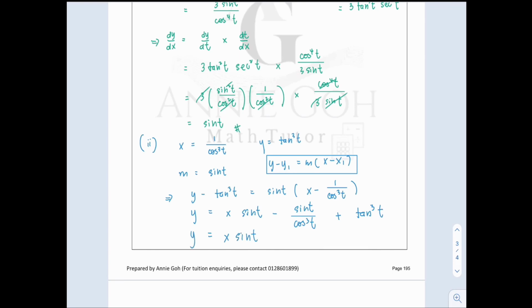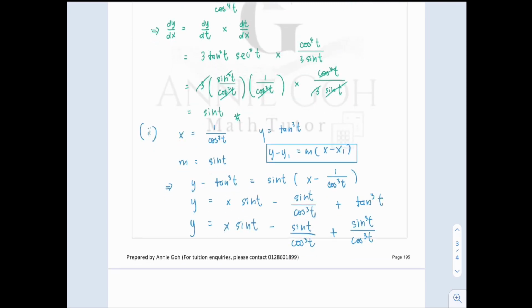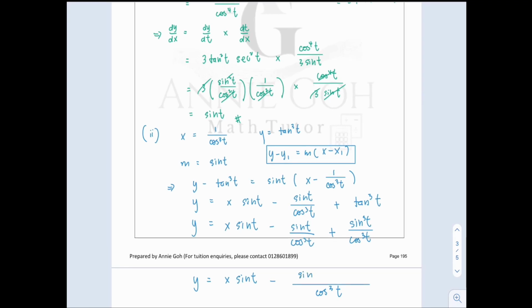So what we need to do now is change the tan cube t into sine cube t over cos cube t. And then you can combine the fractions and make it into a single fraction. So the denominator now is cos cube t, and the numerator is sine t minus sine cube t.